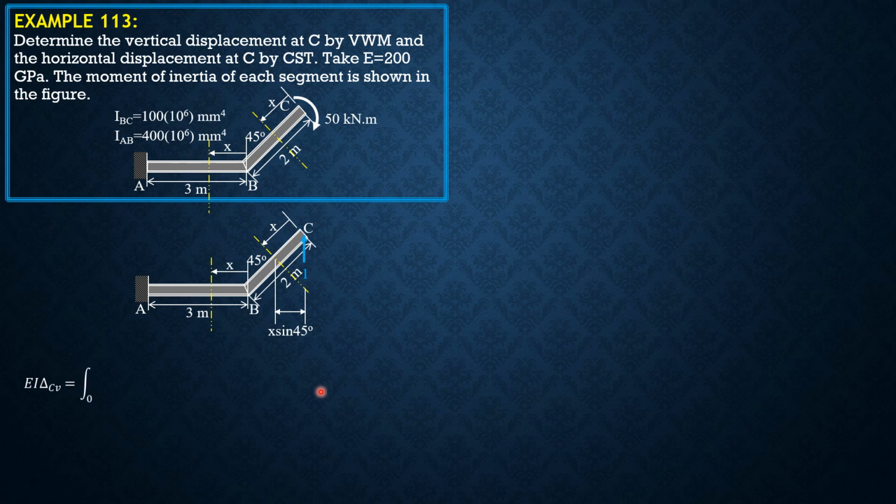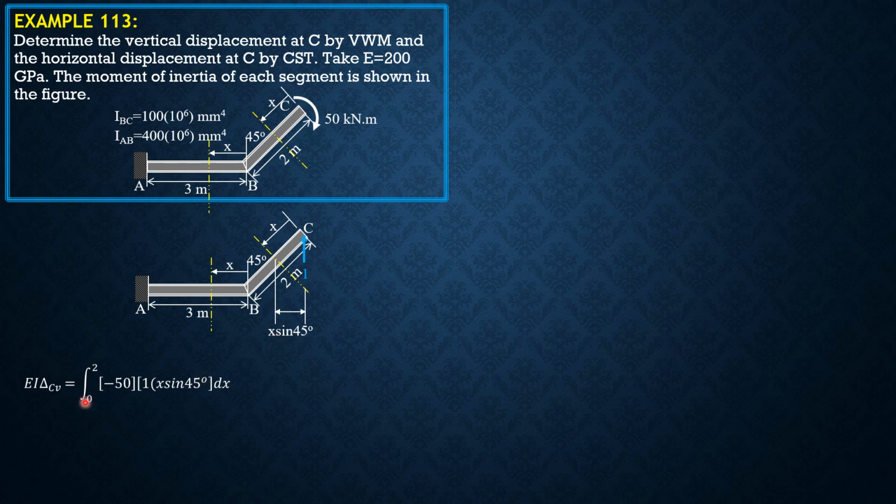EI delta C vertical equals integral from 0 to 2. The moment in this section due to the load is negative 50, because the positive sense should be counterclockwise if we consider forces to the right of the section. Then the moment due to the unit virtual load is positive 1 times x sine 45 degrees.